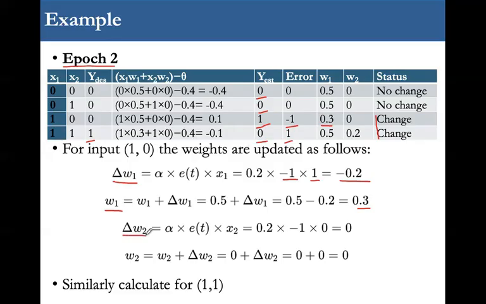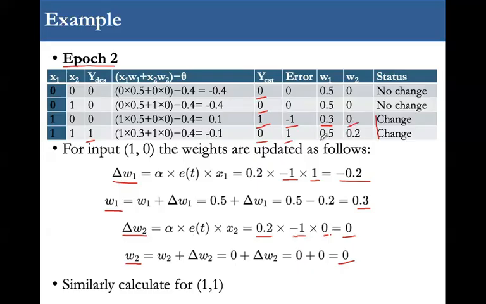Now we need to find delta W2. The learning rate is 0.2, the error is minus 1 and x2 is 0, which gives 0. We find W2. What is W2? We get 0. W2 is 0 here.